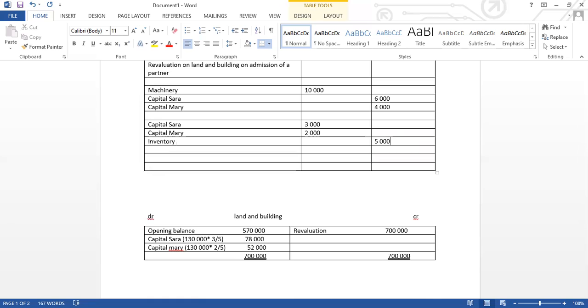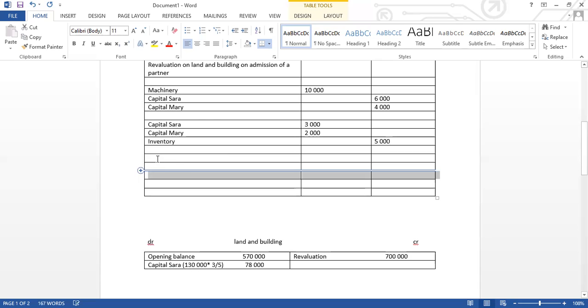And again, when it comes to the narration, you just repeat this revaluation. Here at machinery, it becomes revaluation on machinery on admission of a partner. And here, revaluation on inventory on admission of a partner.